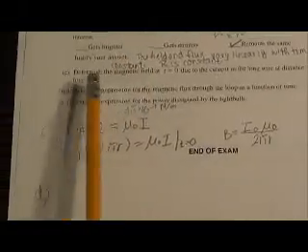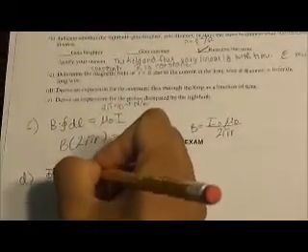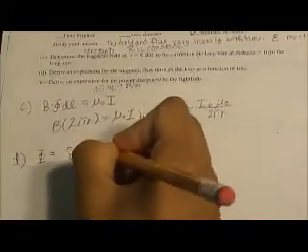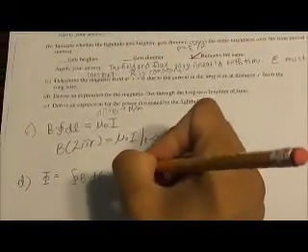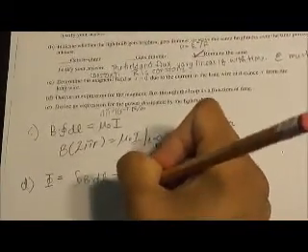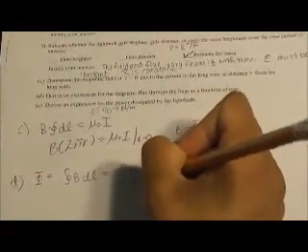Moving on to part D. Derive an expression for the magnetic flux through the loop as a function of time. So the formula for magnetic flux is equal to the integral of B dA. In this case, it's going to be mu naught I over 2 pi r times dA, which we found in part C. And we can replace dA with b dr in this case.